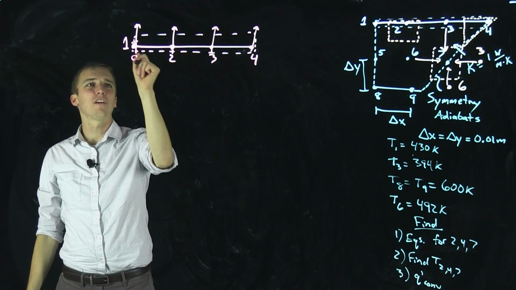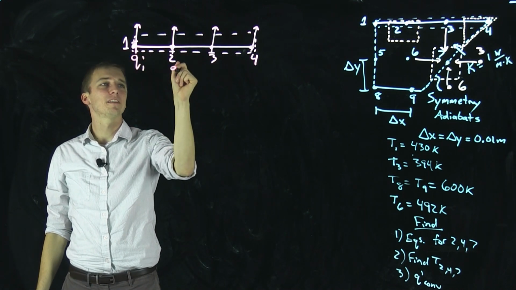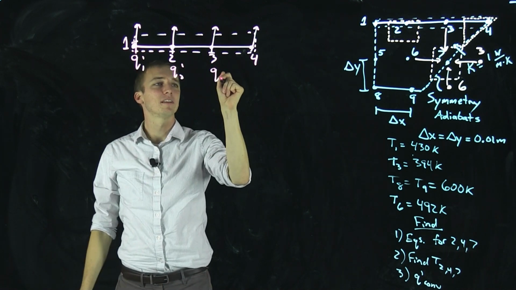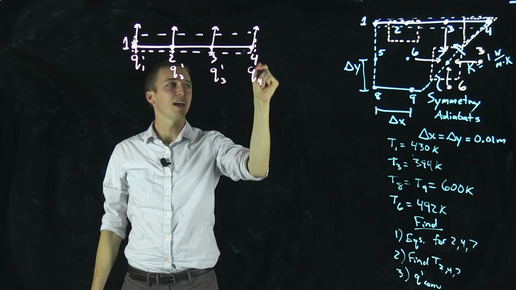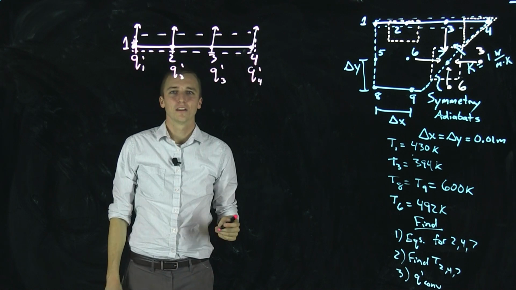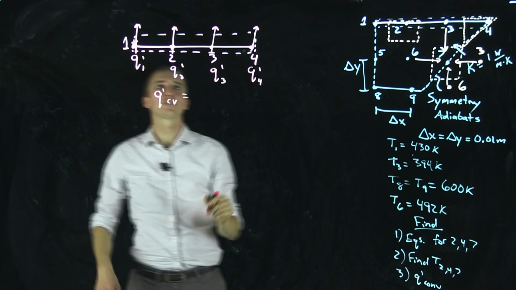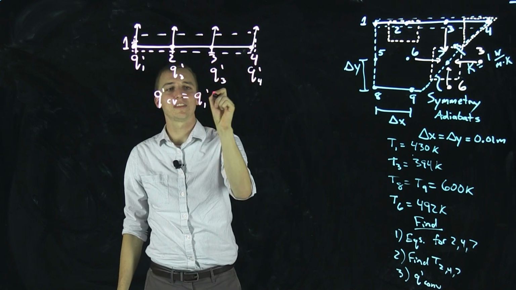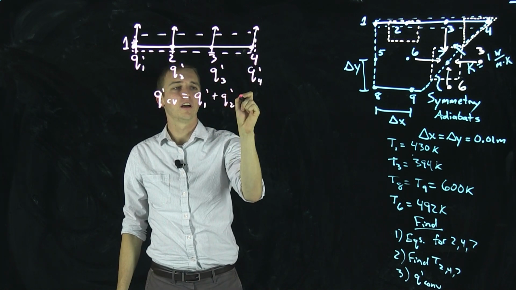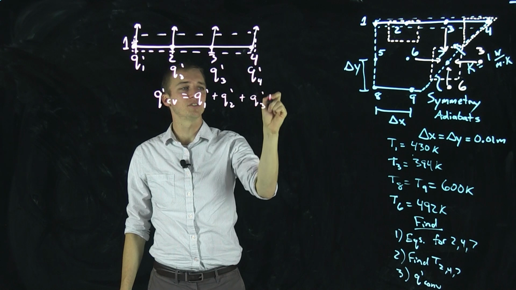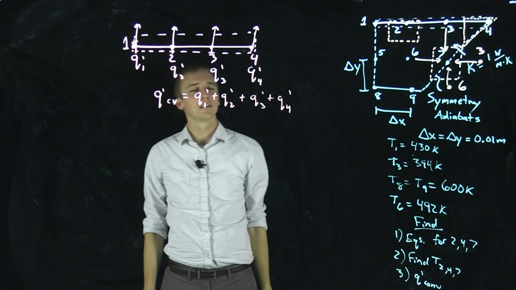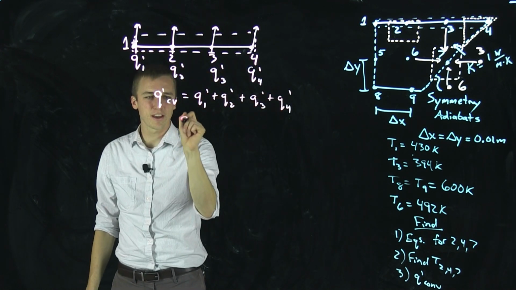So we're just going to call this Q1 prime, Q2 prime, Q3 prime, and Q4 prime. Okay, where the total heat transfer from the control volume is just equal to the addition of all of these heat transfer terms. Okay, let's define each one.